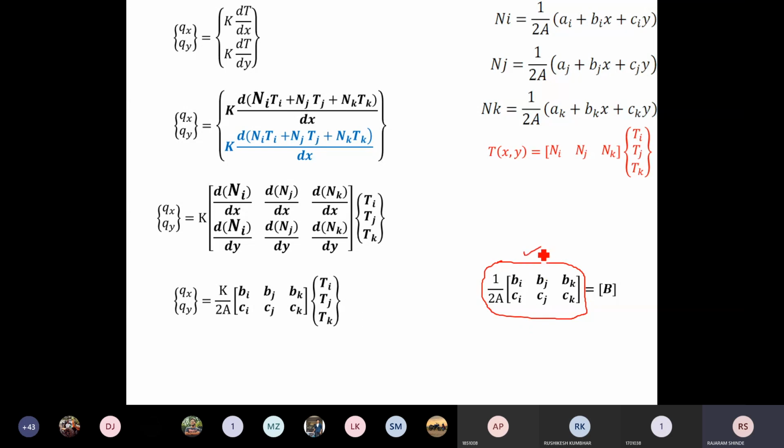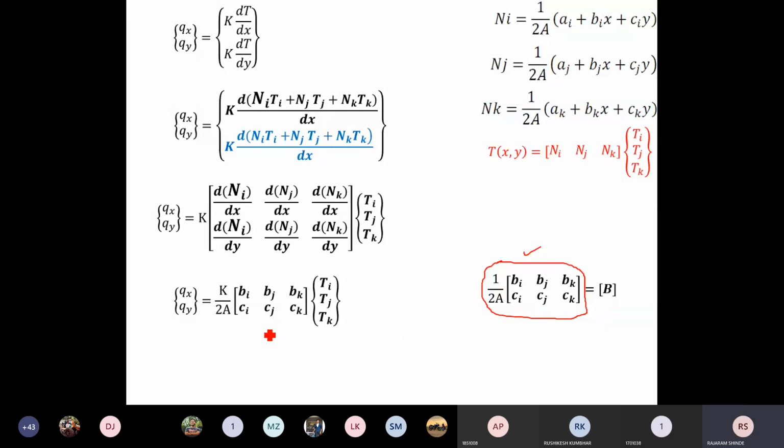If we go for a thermal one-dimensional element, it is different. Thermal two-dimensional higher order element, it is different. If we go for structural problems, it is different. Depending upon the discipline, this B matrix will change. You have to remember, this is the matrix formed by proper differentiation of the shape functions.